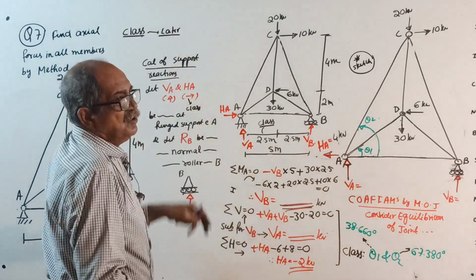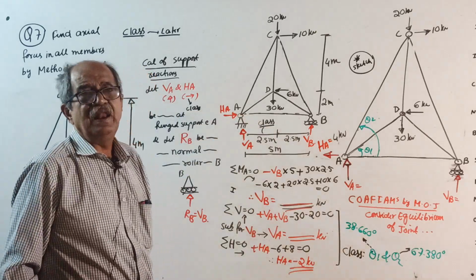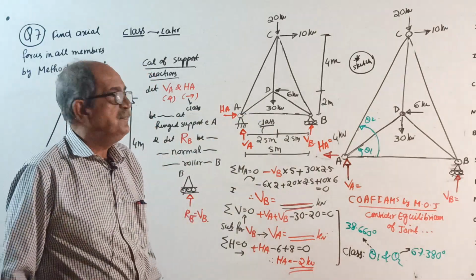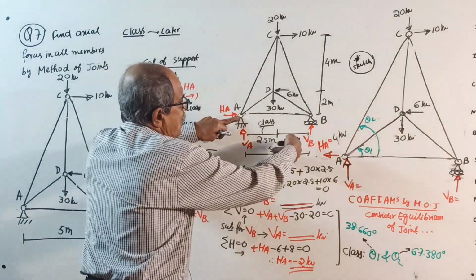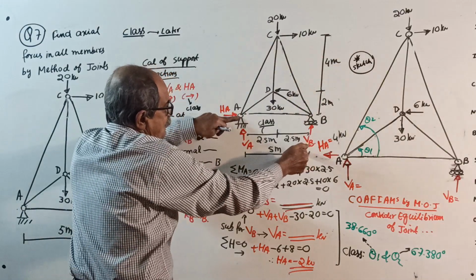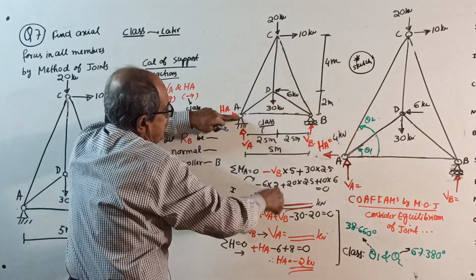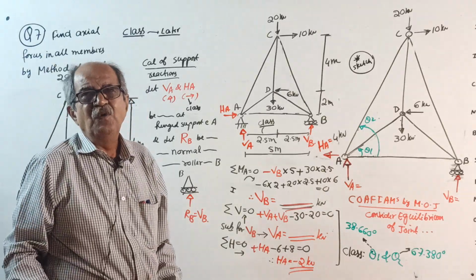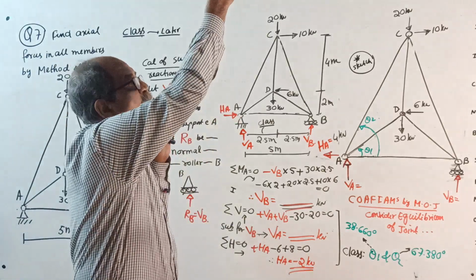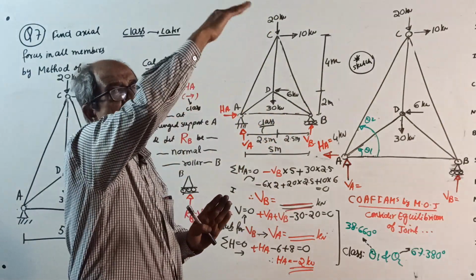Okay. Now, as usual, take moment about A. Why A? I will not tell, I told so many times why moment about A. Okay. VA into 0, HA into 0, minus VB into 5, then plus 30 vertical load. Sorry, again I am telling again and again. Vertical load into horizontal distance, horizontal load into vertical distance.